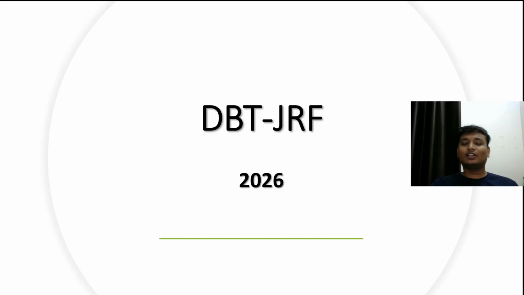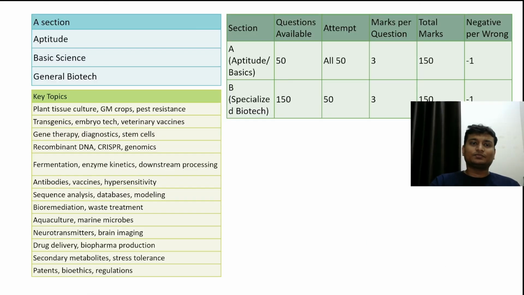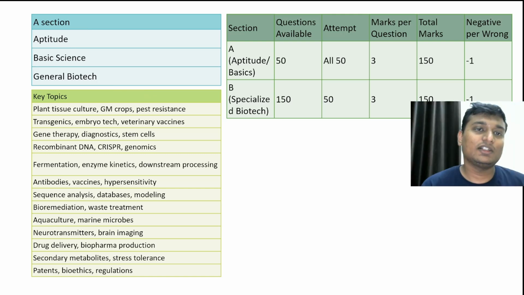And let's talk about DBT JRF. Let's talk about the pattern first. It similarly has two sections, A section and the B section. In the A section, you have general knowledge of whatever you have studied. It's like GK, basic sciences.